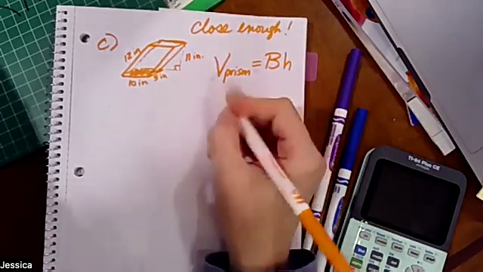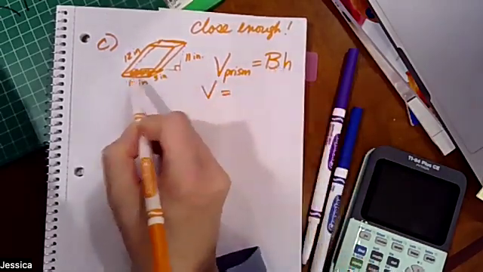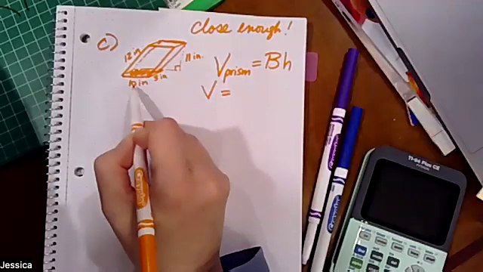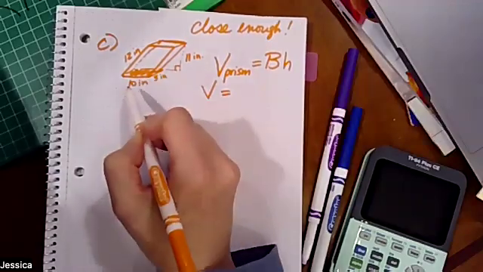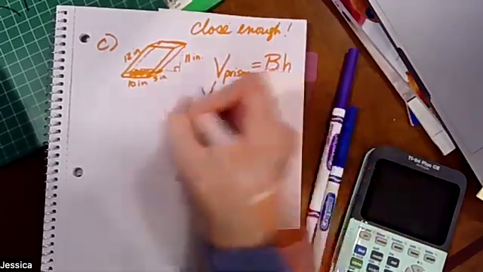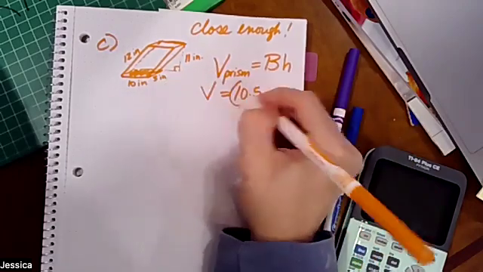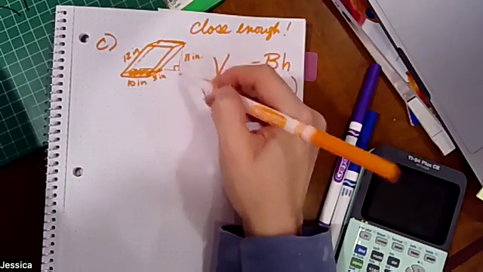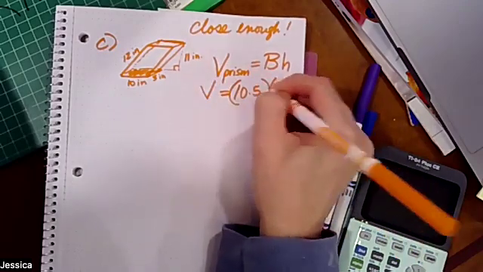So for the area of the base, even if it's a parallelogram, it's base times height, little b times height. So it's going to be 10 times 5, or think length times width. And then the height of the prism is going to be 11 inches.